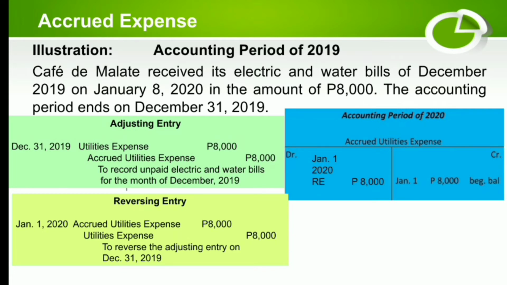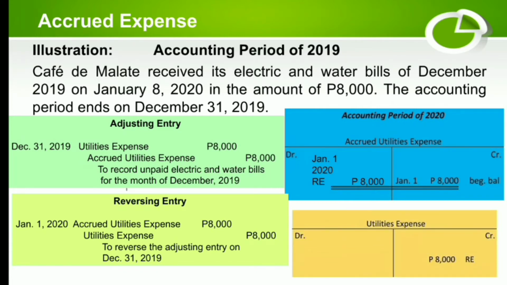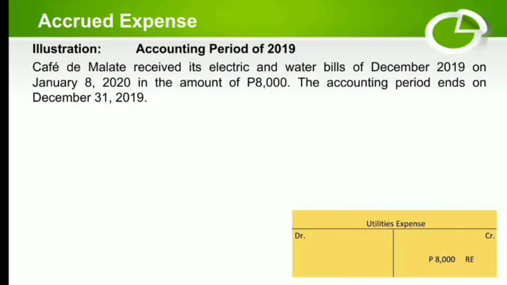So at this point, the accrued utilities expense is a closed account. And then for the credit, we have utilities expense of 8,000 pesos. So we have here a new ledger account for utilities expense, and on the credit side we have 8,000 pesos, RE for reversing entry. As you see in the T account of the utilities expense, the 8,000 pesos is located at the credit side.